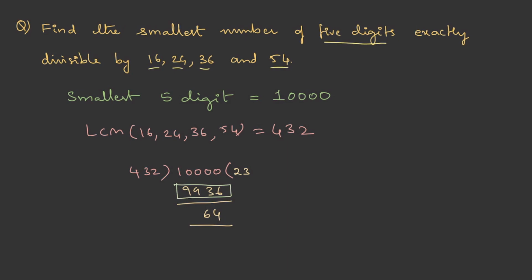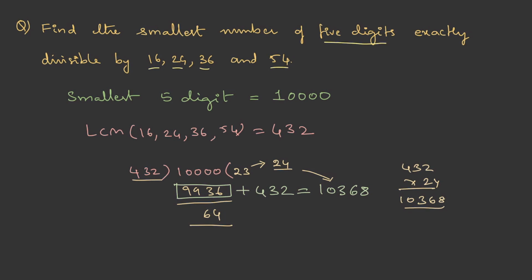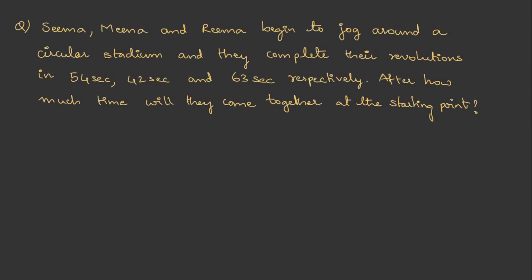Now for this number just add the 432, so 23 becomes 24. 432 into 24 is 10368. So this is the smallest 5 digit number which is divisible by all these 4 numbers. That's the answer.